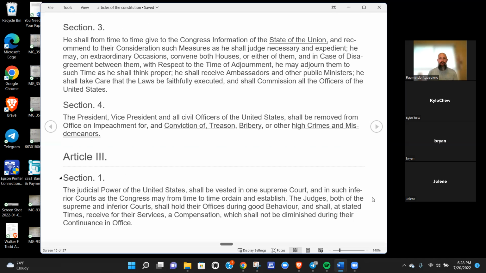So yeah, again, Supreme Court and such inferior courts. The inferior courts are the federal district courts. And again, the Supreme Court's job is really to make sure the Constitution is being adhered to, and the federal district courts are specifically watching over those states that are in that district, allowing the state governments to operate as they're supposed to in the state courts.